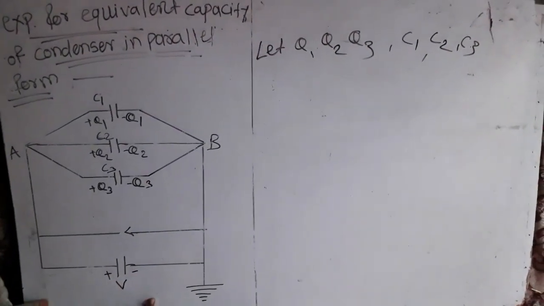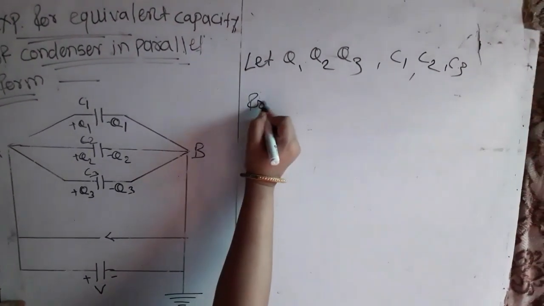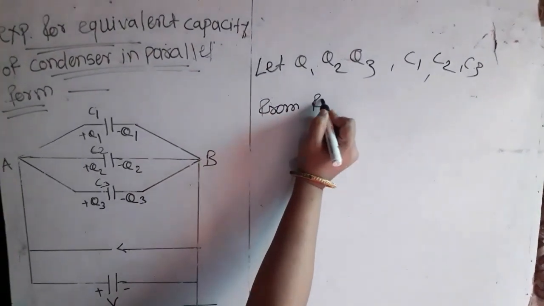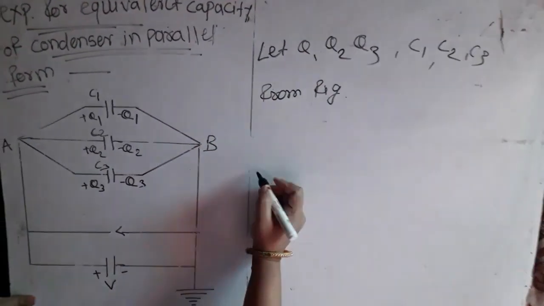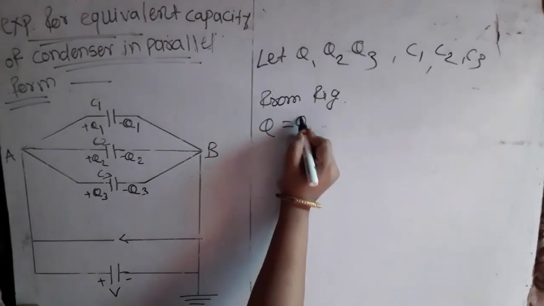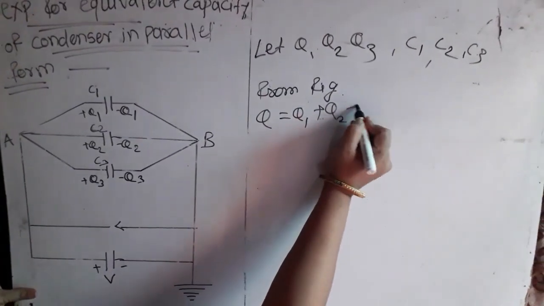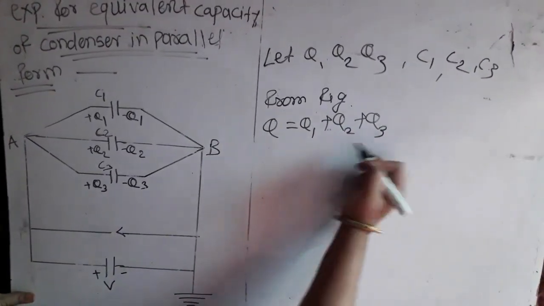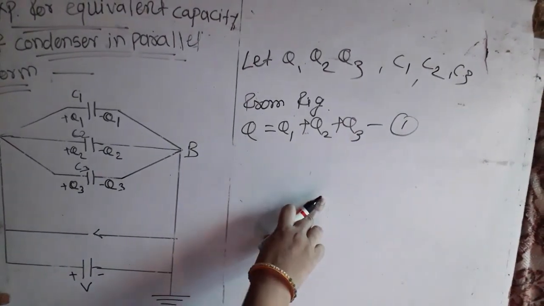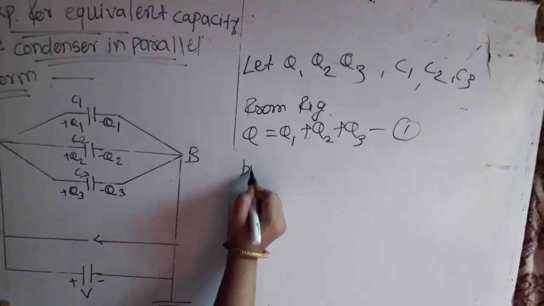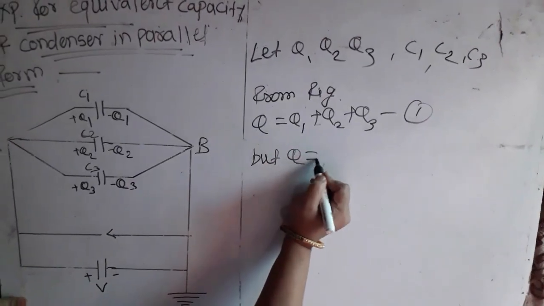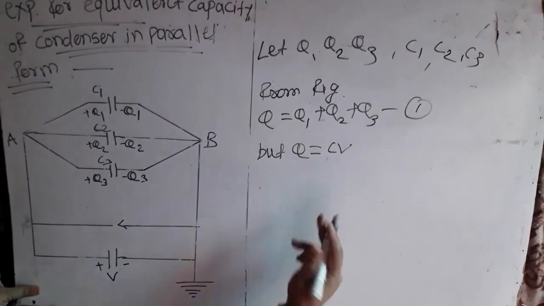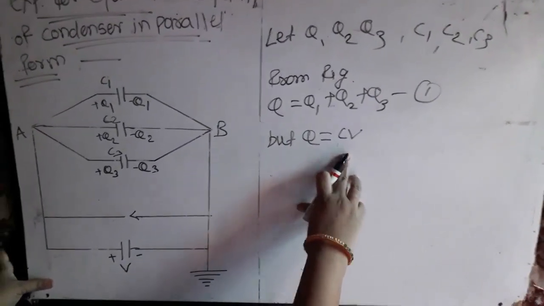From this figure, Q is equal to Q1 plus Q2 plus Q3. Equation number first. But we know that Q is equal to CV.